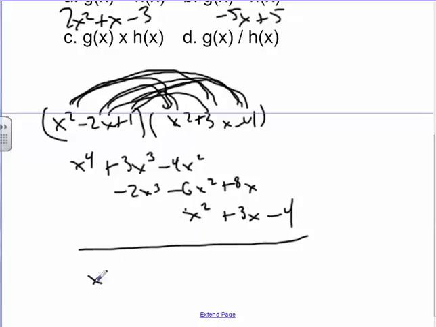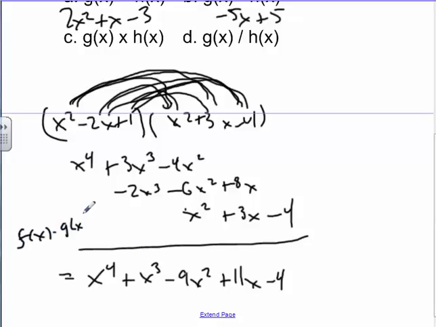Put it all together: x to the 4 plus x to the 3 minus 9x squared plus 11x minus 4. There. That's what happens when you do f of x times g of x.